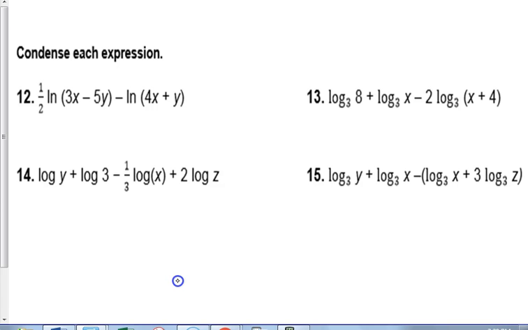All right, I like condensing better because we get to smush them together. Jacob, can you smush this one together? Okay, throw it to the other Jacob and I'll come back to you. What do you think? Natural log square root of 3x minus 5y over 4x plus 1.